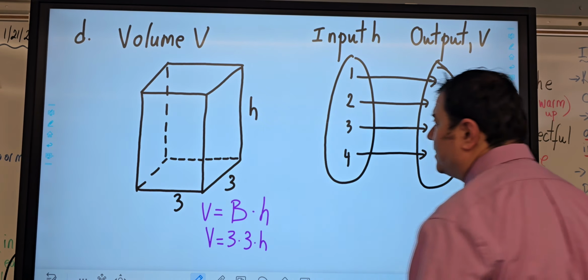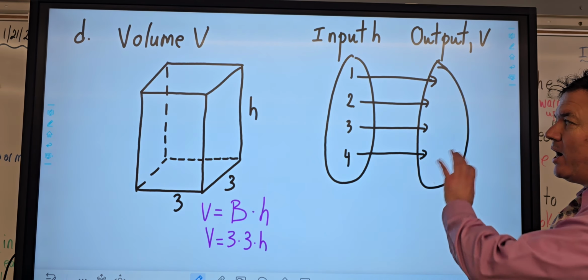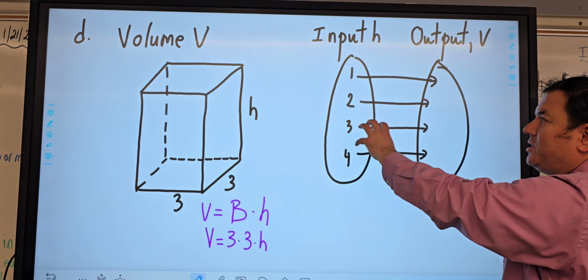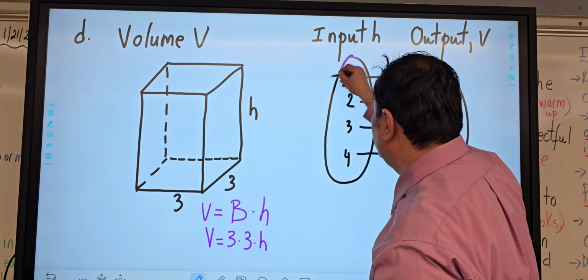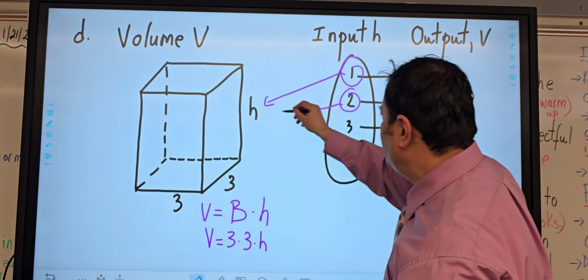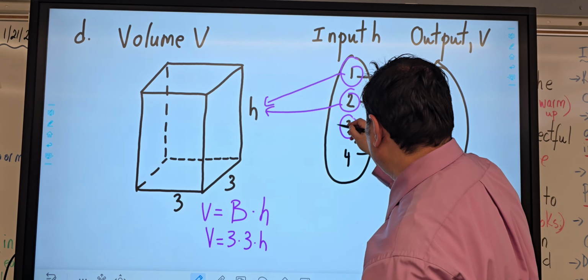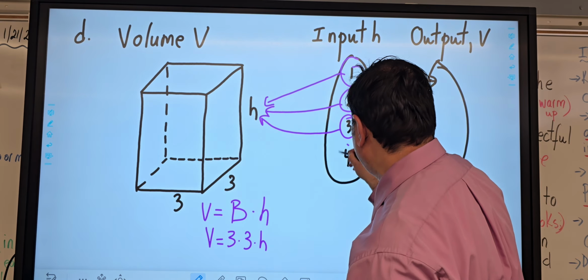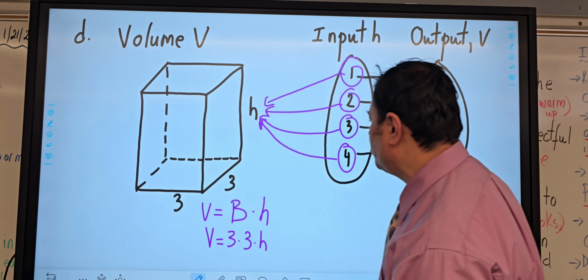So each time we are going to input all the values here for the h. First we are going to put 1 for h. Next we are going to put 2 for h and see what we get. And then we are going to input 3 for h, and finally 4 for h and see what we get.